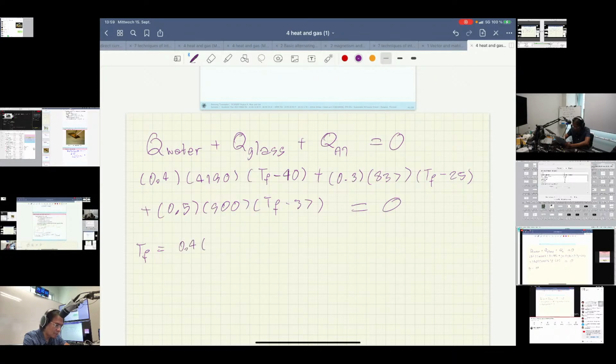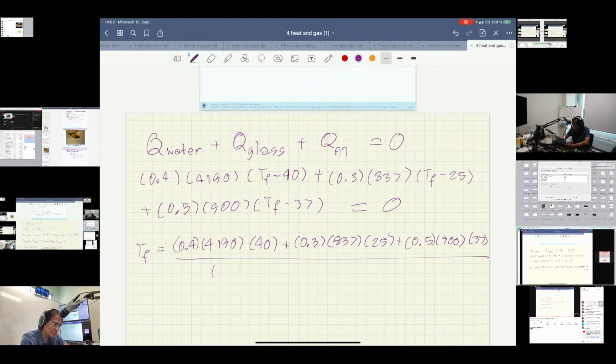0.4 and 4190 times 40, plus 0.3 times 837 times 25, plus 0.5 times 900 times 37, divided by the thing that has no temperature at all, which is 0.4 times 4190, plus 0.3 times 837, plus 0.5 times 900.